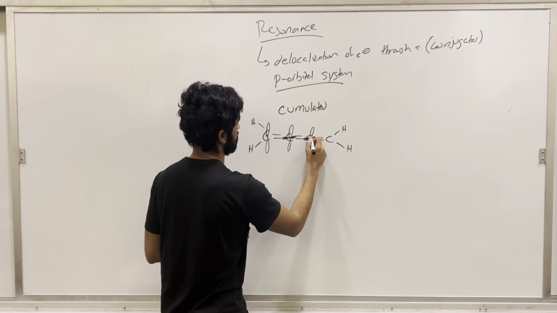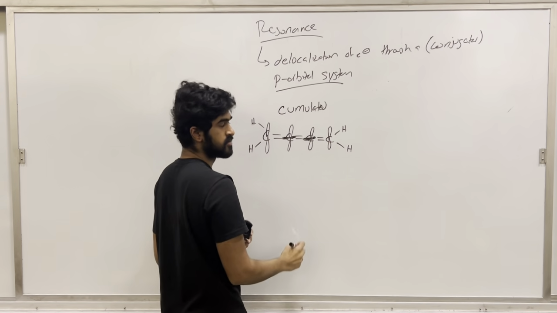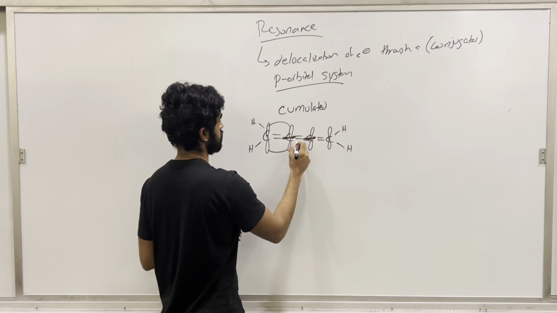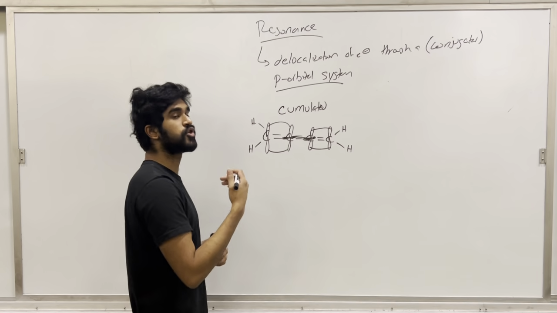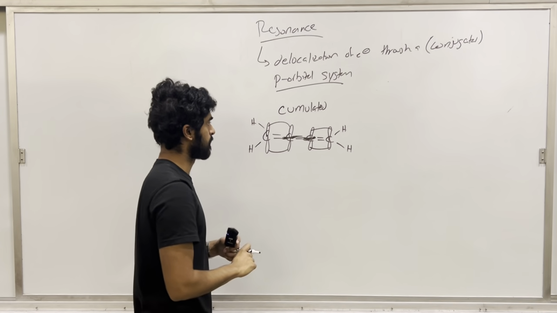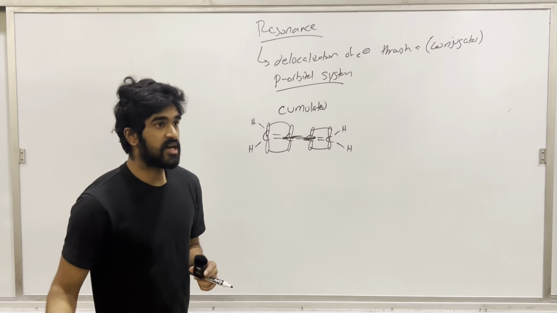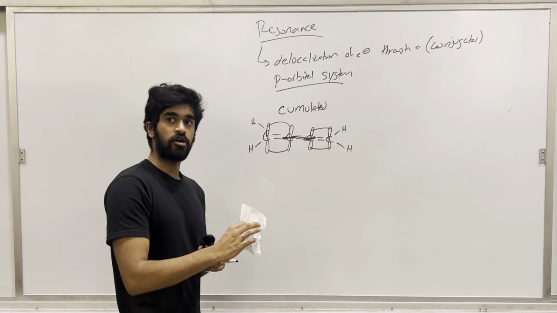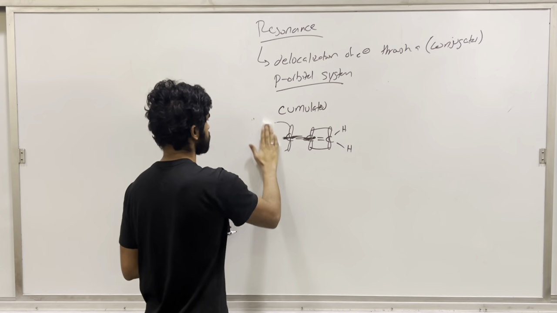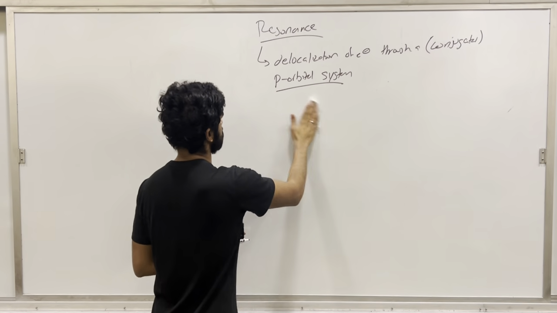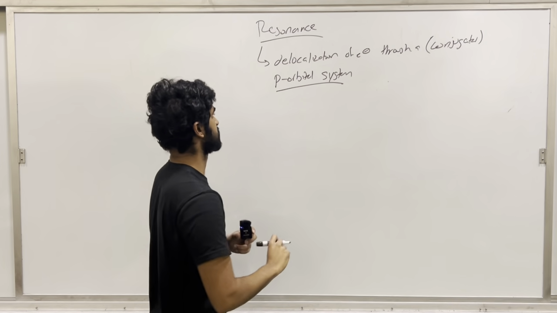And you have another one here that goes like this and bonds to one like this, right? That is called a cumulated system. And ironically enough, resonance can't really occur through cumulated systems, but it can occur through conjugated systems.